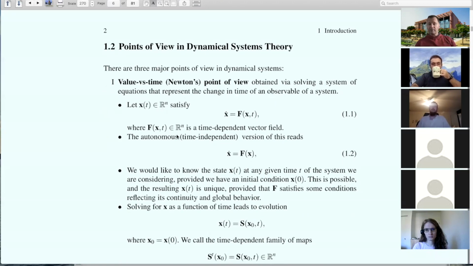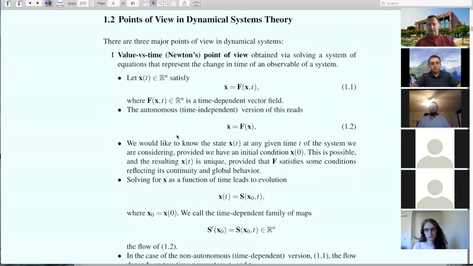Historically, there are really three major points of view in dynamical systems theory. One of them is value versus time. I call it Newton's point of view, which of course originated when Newton worked out the ideas of calculus, and then followed up with the theory of gravity that involved setting up physical laws as second order ordinary differential equations.